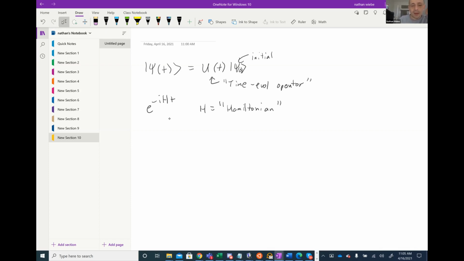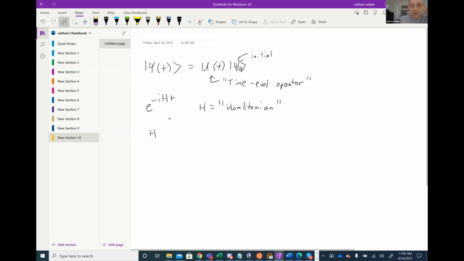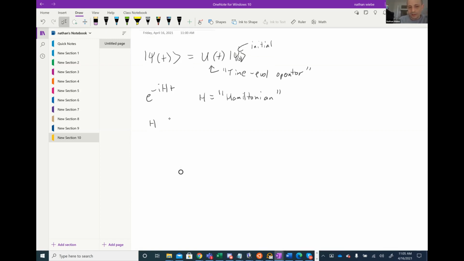Assuming that everything is acting on n qubits, this is a 2 to the n by 2 to the n Hermitian matrix, where again, Hermitian means that it's self-adjoint, so it's equal to its conjugate transpose.